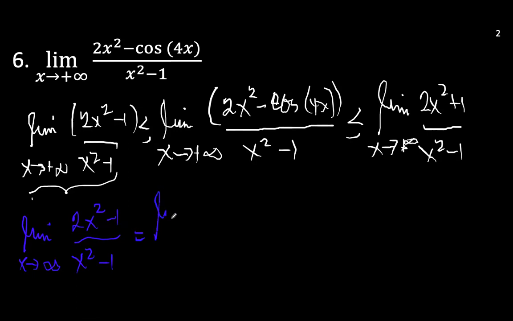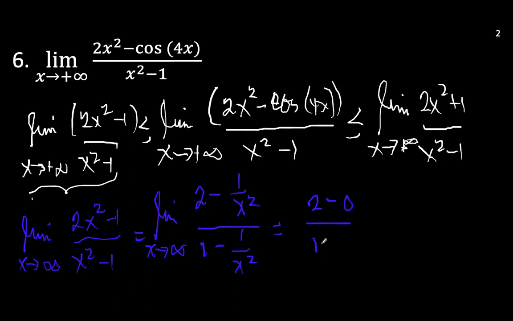So that's the limit of 2 minus 1 over x squared, over 1 minus 1 over x squared, as x approaches positive infinity. Let's take the limits of all the terms. We have 2. The limit of 1 over x squared as x approaches infinity is 0, because the denominator is approaching infinity. And this is 1 and this one is 0 as well. So this becomes 2, and we have found the limit of the left-hand side.